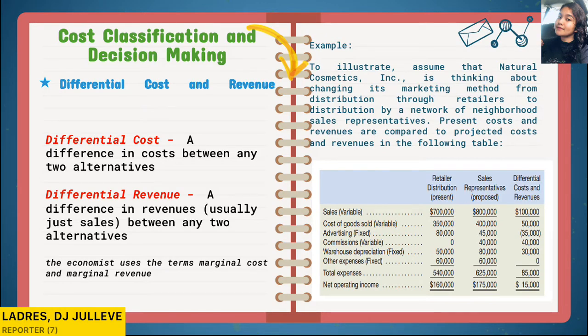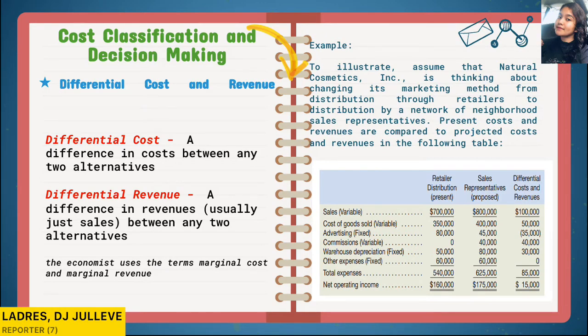The accountant's differential cost concept can be compared to the economist's marginal cost concept. In speaking of changes in cost and revenue, the economist uses the term marginal cost and marginal revenue.